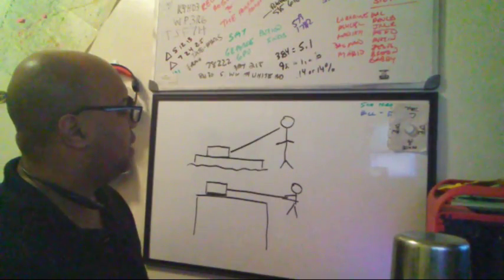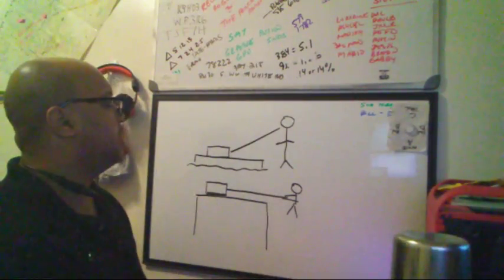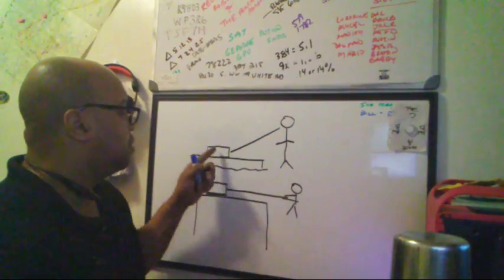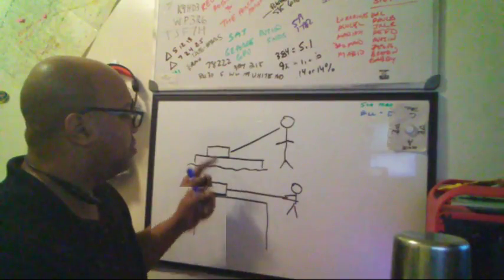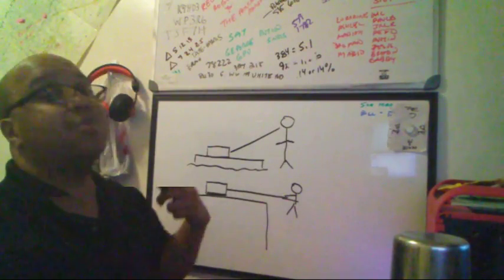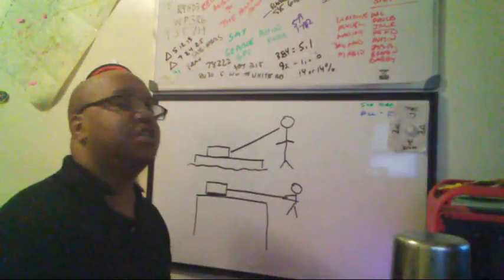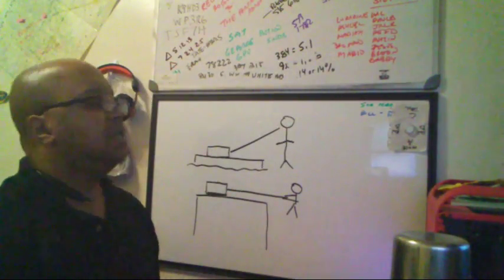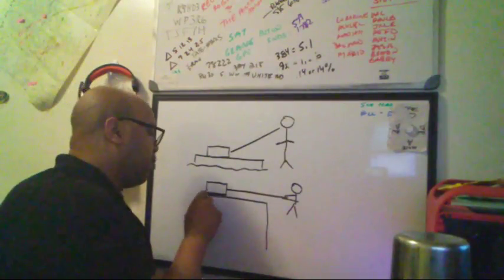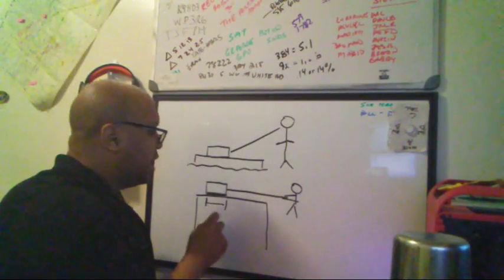Now, based on a little bit of research I did, I was under the impression that this was easier and this was harder. But it turns out that this is easier and this is actually harder. I was under the impression it was because this had more surface contact.